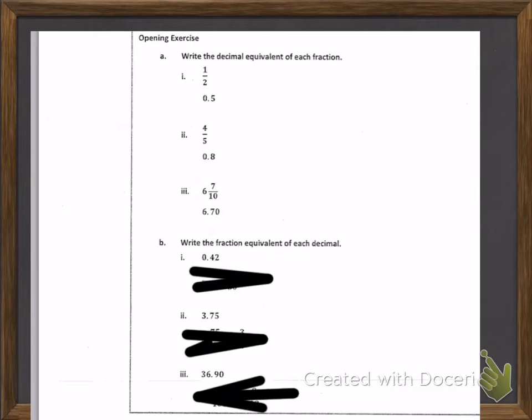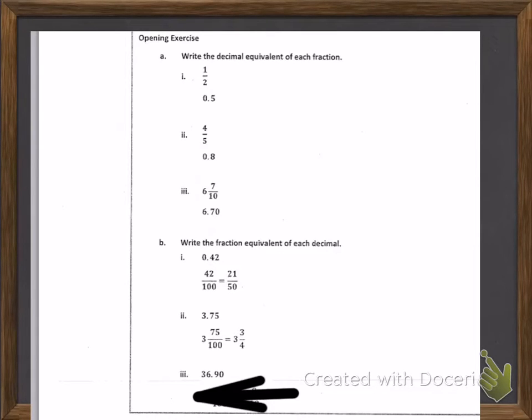0.70. And on the B section, 0.42 can be written as 42 over 100, and when you simplify it, 21 over 50. And 3.75 will be 3 and 75 over 100, and when you simplify it, 3 3/4.